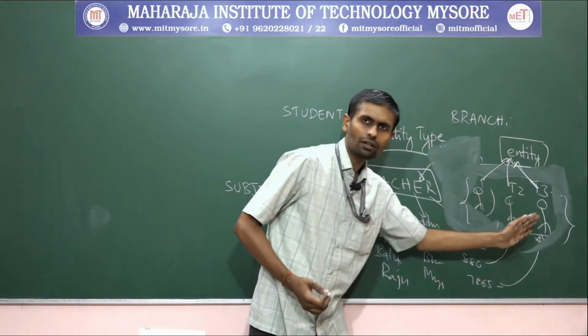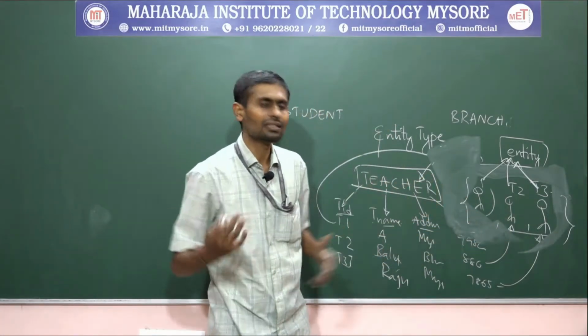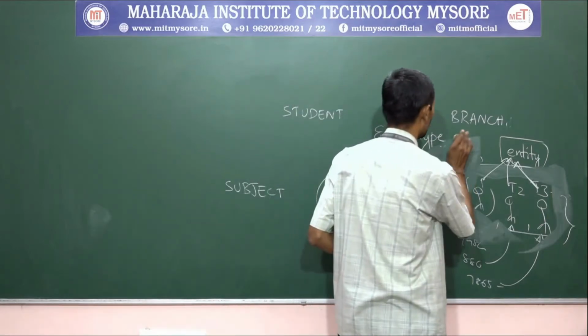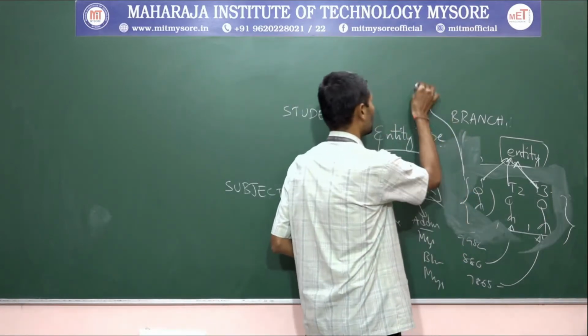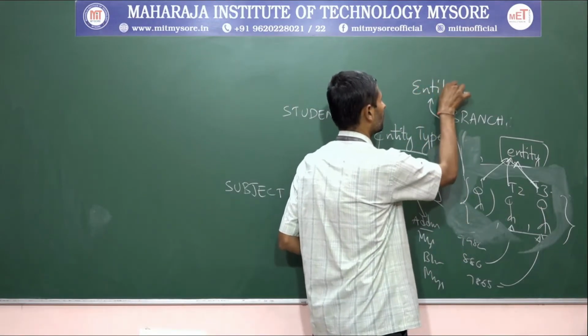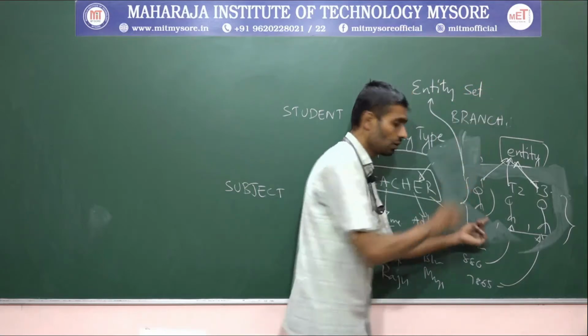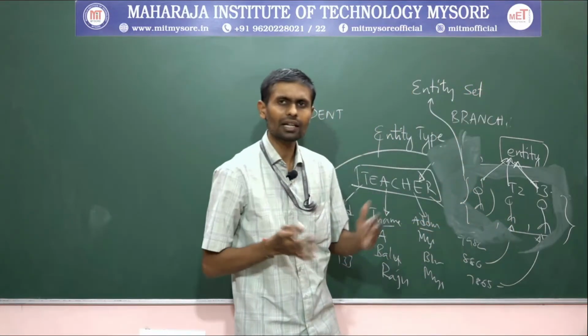And this collection is a set of these entities. It looks like a set, T1, T2, T3. What kind of set?